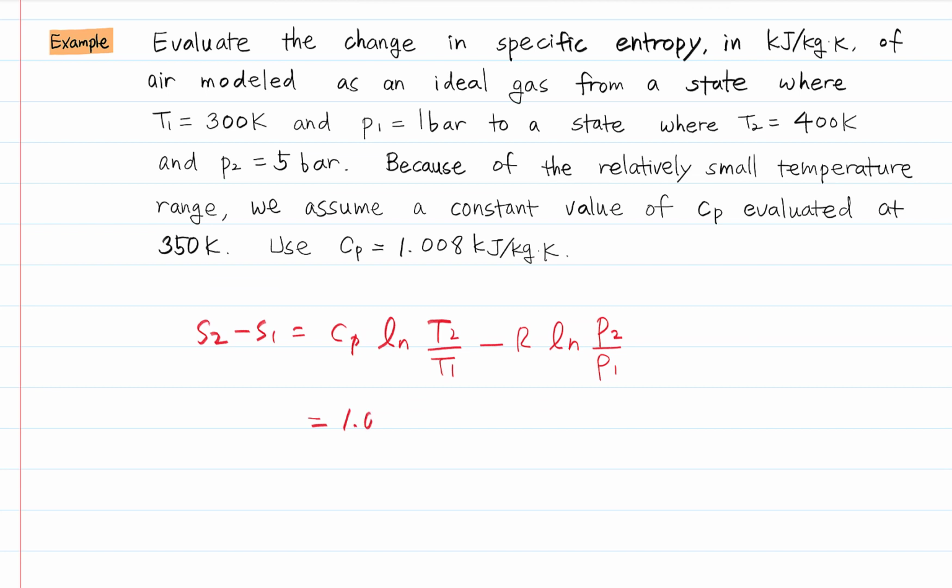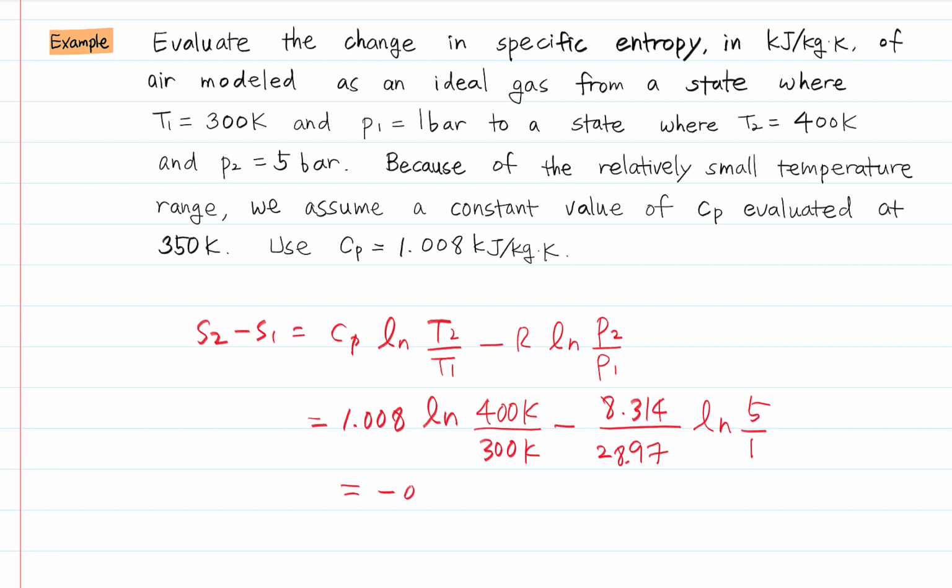So Cp is 1.008 kilojoule per kilogram Kelvin, T2 400 Kelvin, T1 300 Kelvin, gas constant, universal gas constant divided by molecular weight of air, natural log, pressure P2 5 bar, P1 1 bar. This is negative 0.1719 kilojoule per kilogram Kelvin.